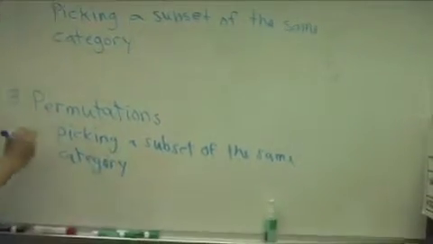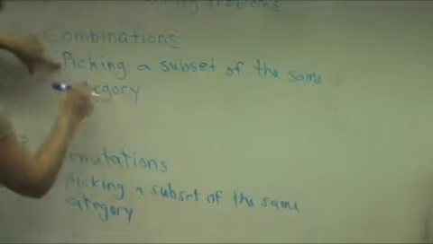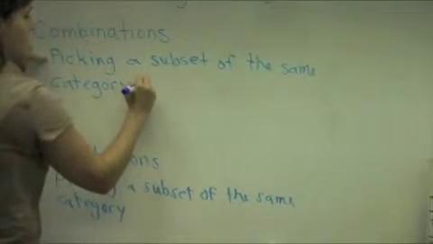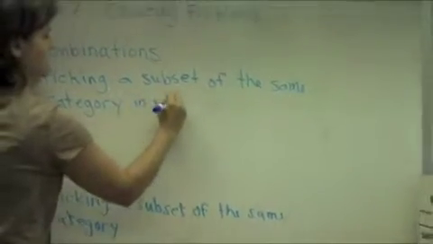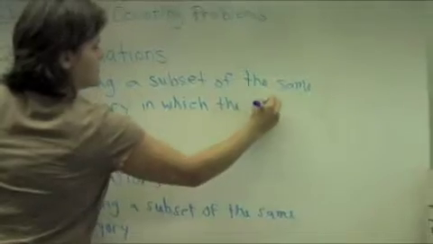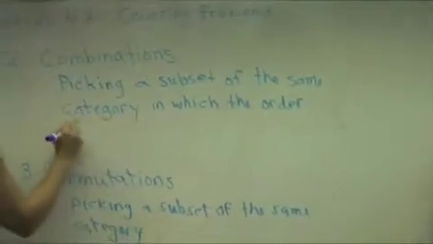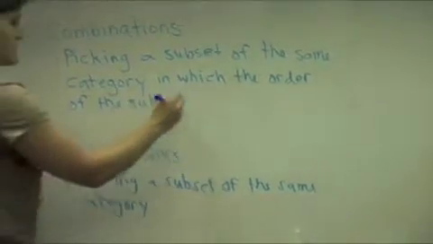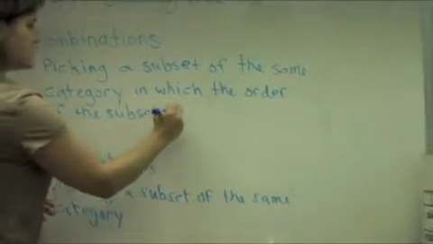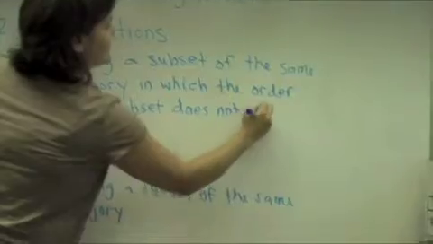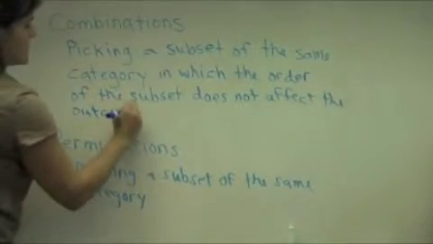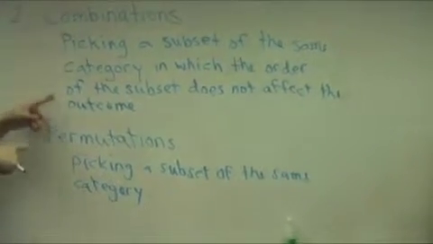The difference is, in a combination, when you pick a subset of the same category, the order of the subset does not affect the outcome of the group. In a combination, the order of the subset does not affect the outcome.